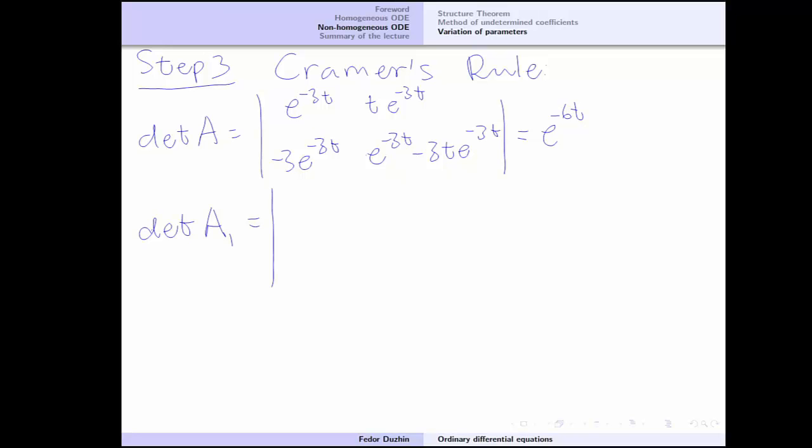So we need to replace the first column with 0 and t squared, and the second column remains the same, so t e to the minus 3t, and here we have e to the minus 3t minus 3t e to the minus 3t. Okay, that's a simple determinant, so it is minus t cubed e to the minus 3t.